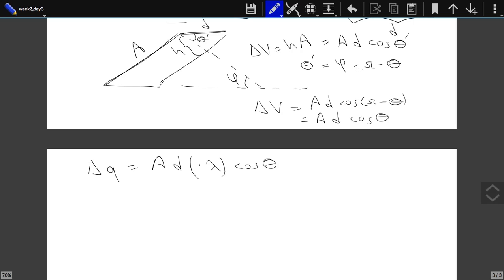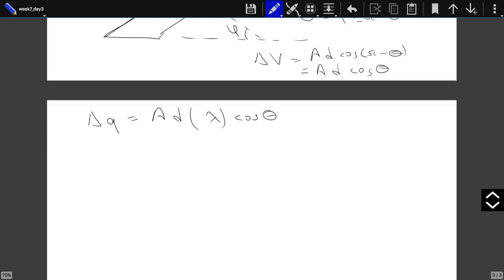I don't need to worry about that plus or minus sign. This is the total charge corresponding to a solid angle which corresponds to the area A. And the surface charge density is delta Q over A, which is d lambda cosine theta, and in the limit it goes to p cosine theta.